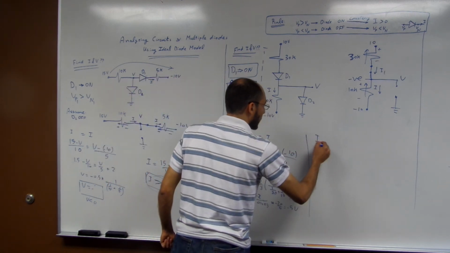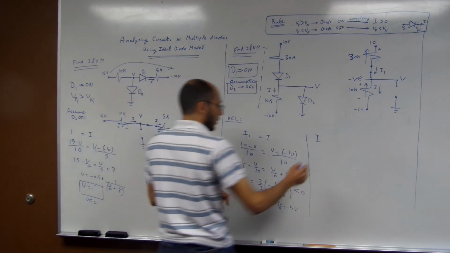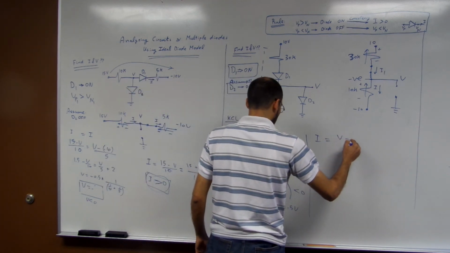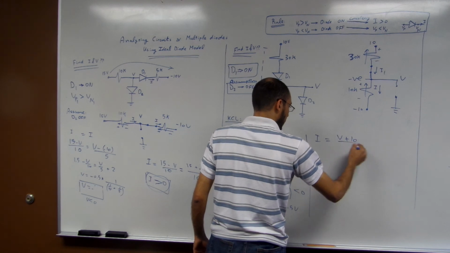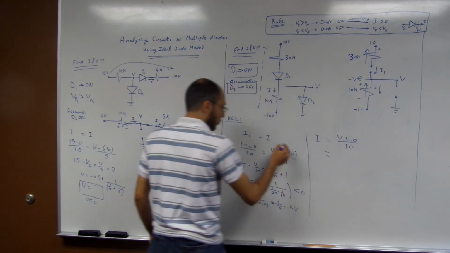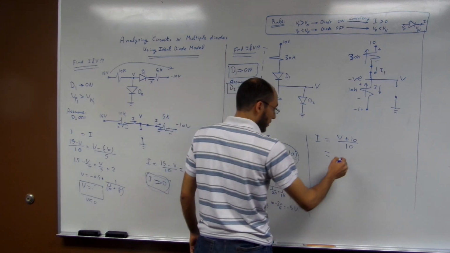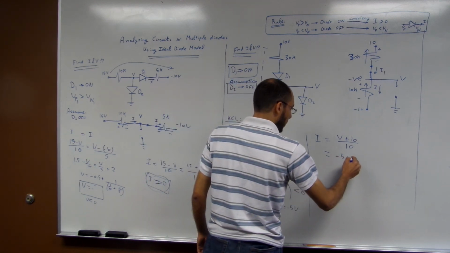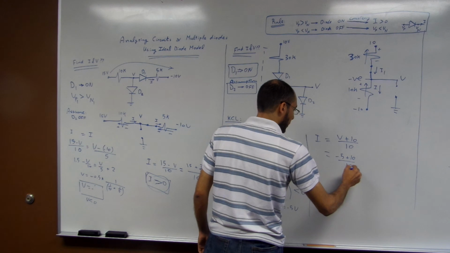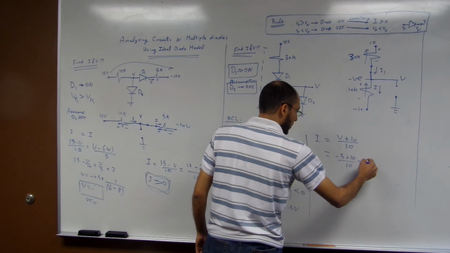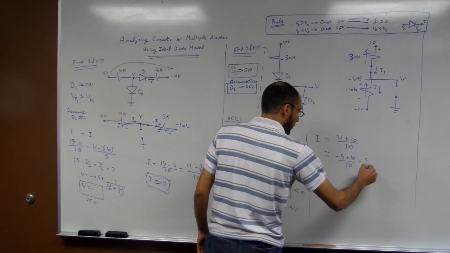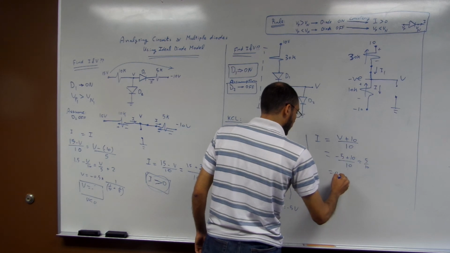What is the value of the current I? I is equal to V plus 10 over 10k, which is this value, right? So that is negative 5 plus 10 over 10, which means 5 over 10, which is 0.5 milliamperes.